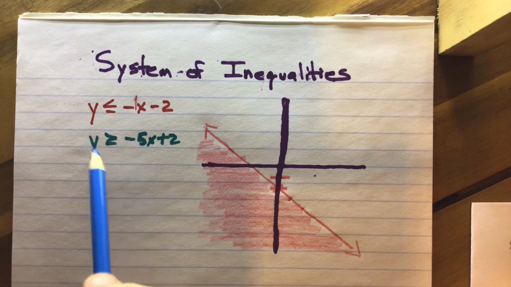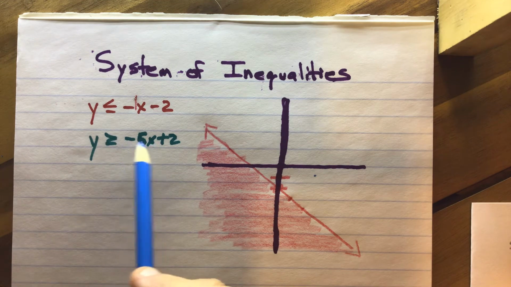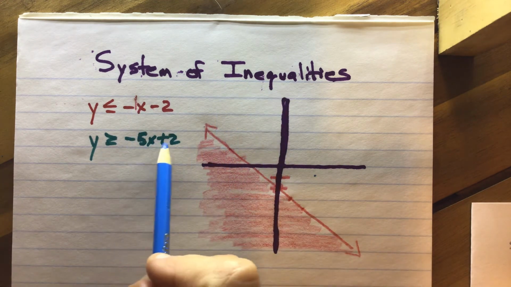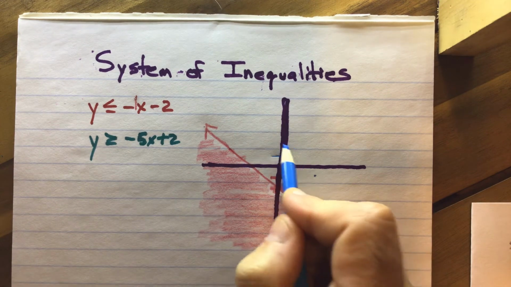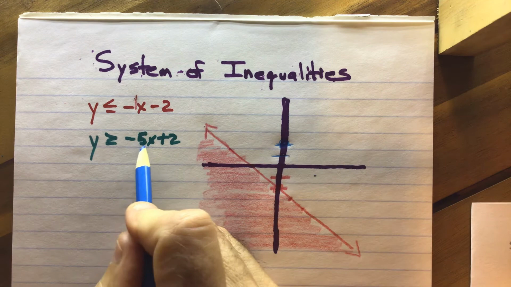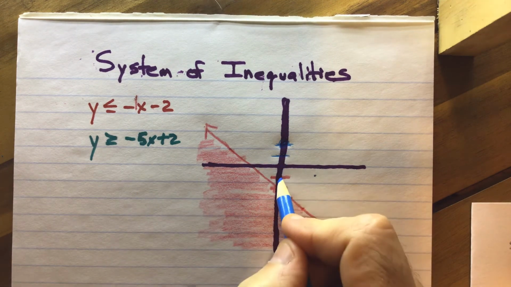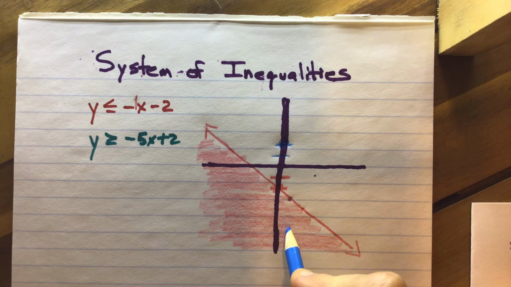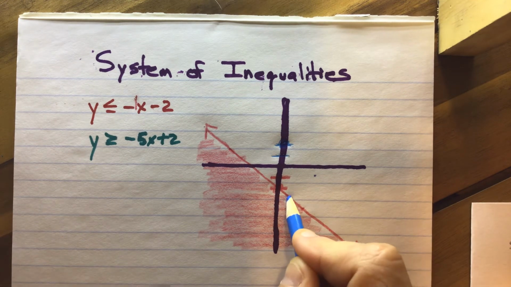Now I'm going to graph this inequality on the same graph because this is a system of inequalities. So I start with +2 for my y-intercept, so right here. The slope is -5, so I'm going down 1, 2, 3, 4, 5 over 1. This is just an approximation.